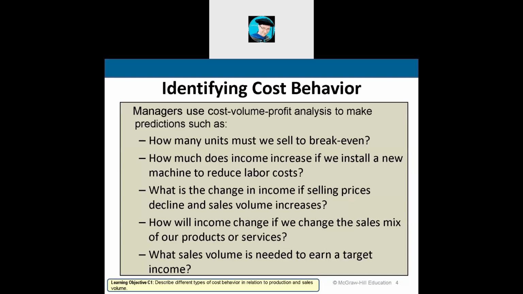Sales price minus the cost of goods manufactured, total cost of the product, equals your gross margin or your margin, right? Now, if I sell for $50 and it costs me $20 to make, that gives me a $30 profit margin per unit.